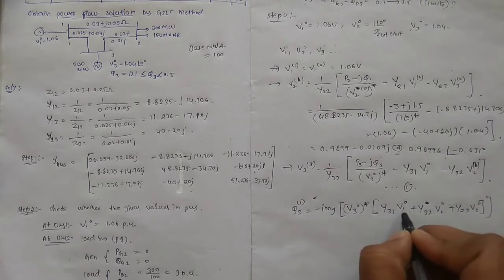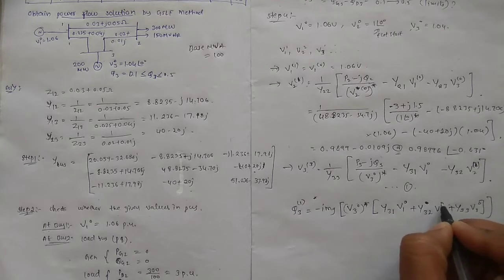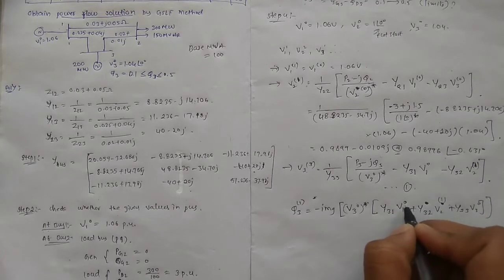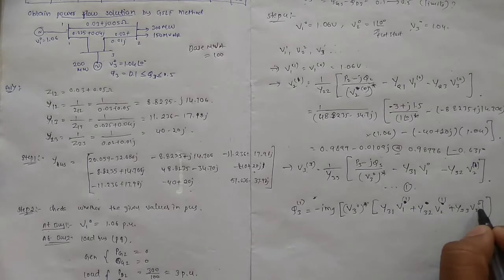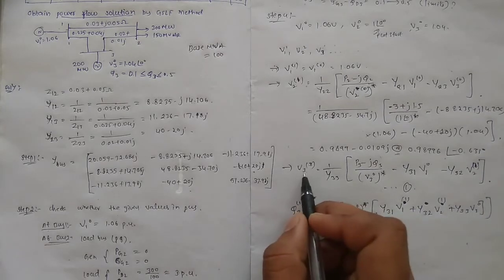Now we need to use the latest voltages; since I am writing 1 here, this also 1. We don't have the latest value of V3, so we need to find that.